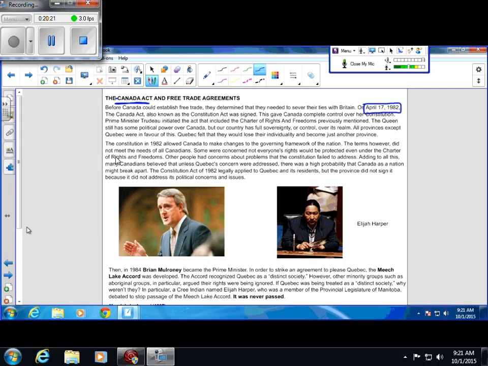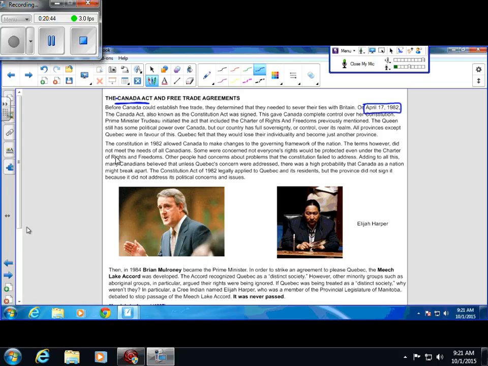As you remember, way back in lesson 1, lesson 2, Canada was really linked to the British Empire. We're a part of the British colony. Therefore, whatever the British Empire did really influenced Canada as a country.